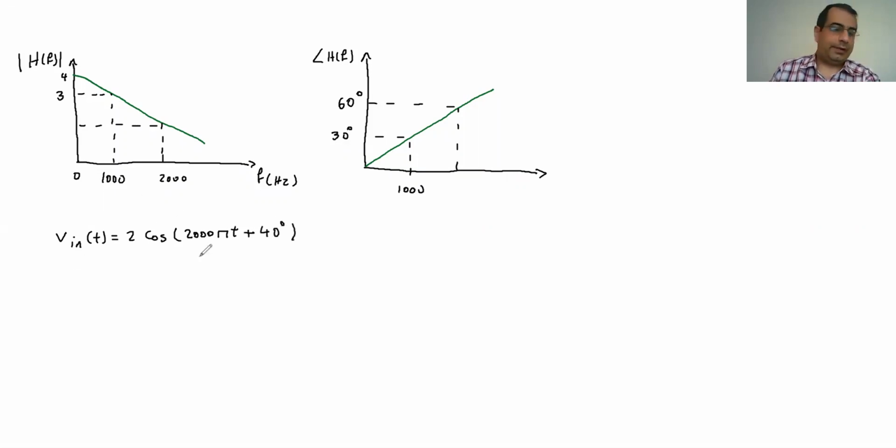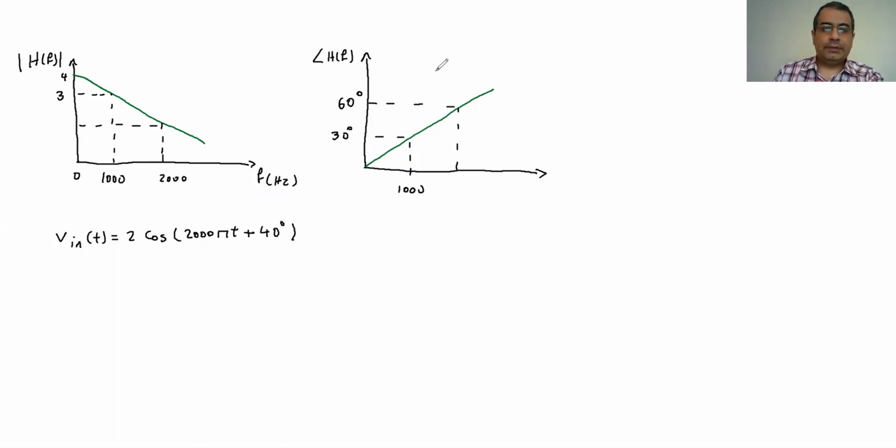We want to see what happens if we filter it. This is the transfer function of the filter. If we filter this input signal through it, what is going to be the output signal?